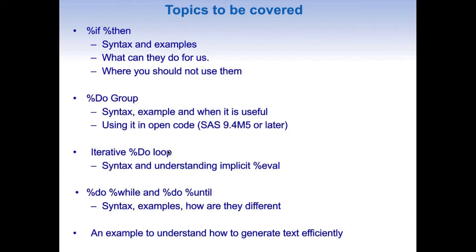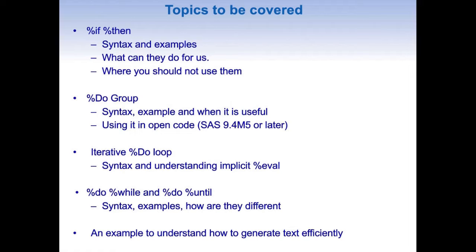Then we will talk about the iterative %do loop. Again, here I will get into the syntax and also understanding implicit %eval. Then we will move on to %do %while and %do %until, where we will discuss syntax, examples, and how they are different.